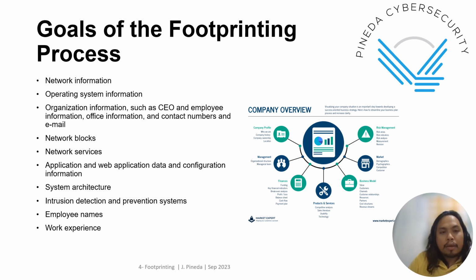You have your network blocks, network services, application and web application data, the configuration, system architecture, okay, intrusion detection and prevention systems, or IDS or IPS, employee names, and work experience. Now, the list is very long, and in some cases you won't be able to get all of this information.